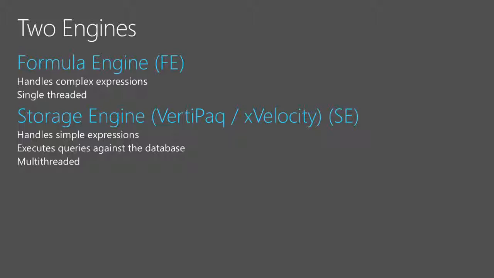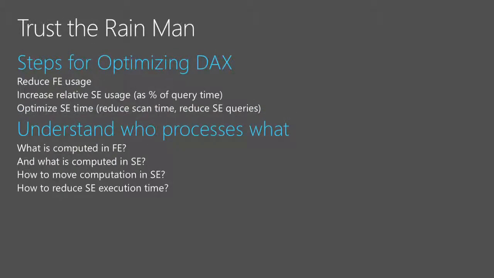The storage engine works using many cores of your hardware, whereas the formula engine today is still single-threaded, which means that we have to understand how to optimize DAX. First of all, understanding whether we are stressing the formula engine or the storage engine, and then we have to use different approaches, optimizing one or the other.